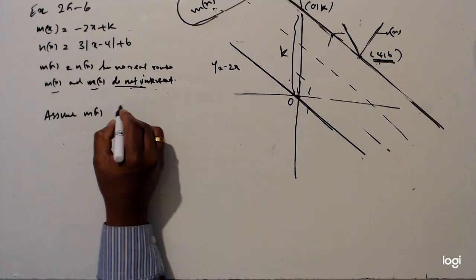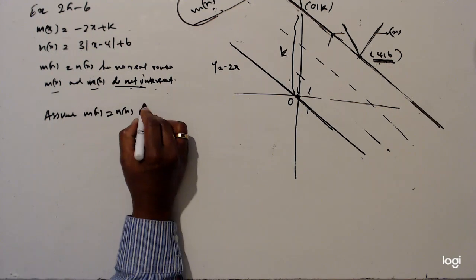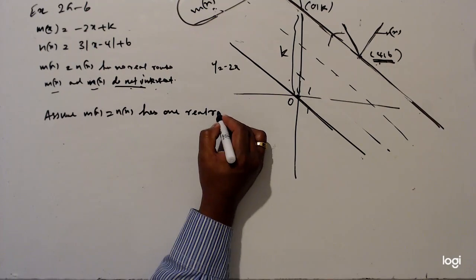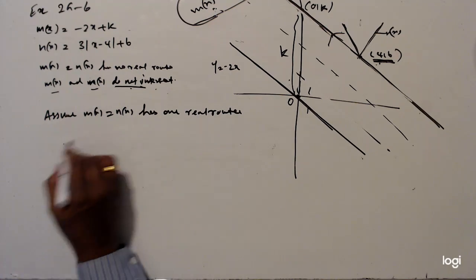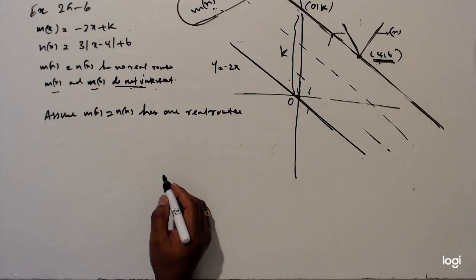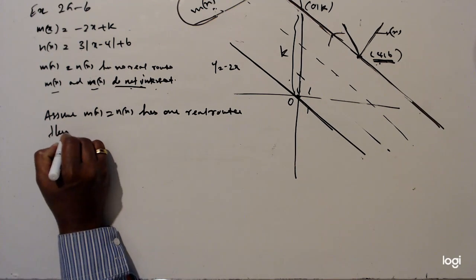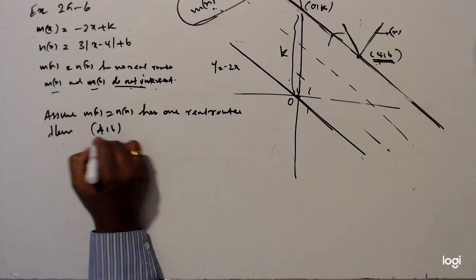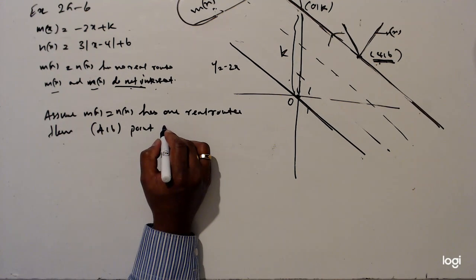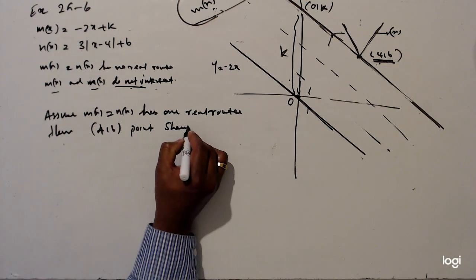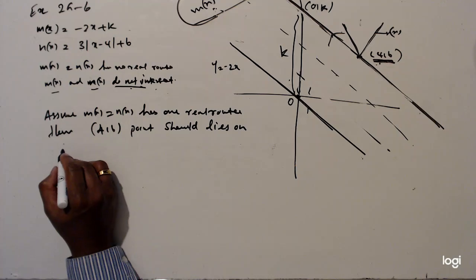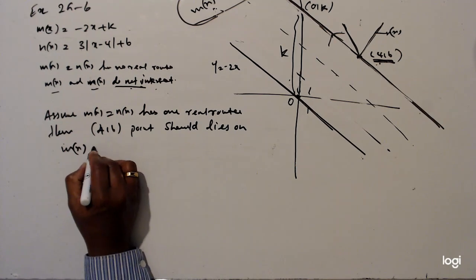Since we assume mx equal nx has one real root, if it has one real root, it means it intersects in one place. Then the 4, 6 point should lie on mx.